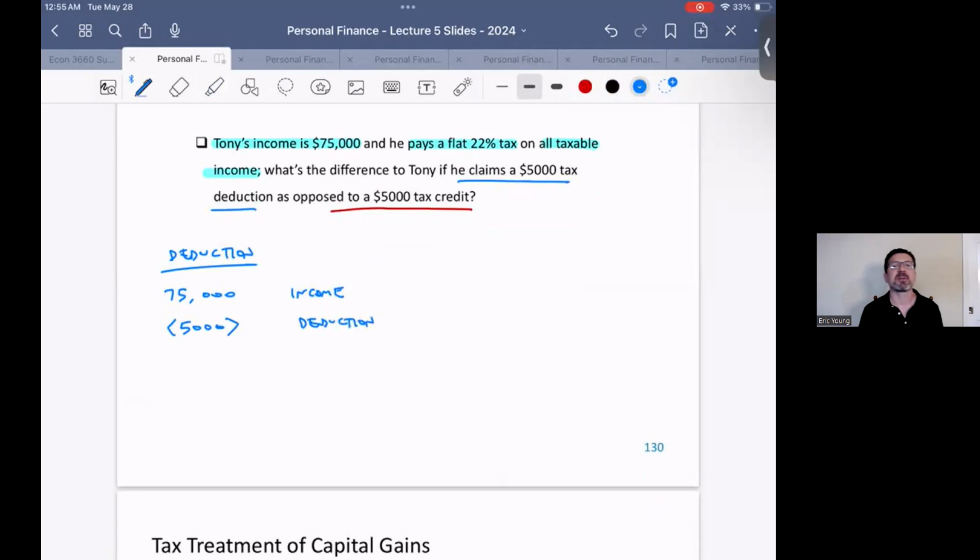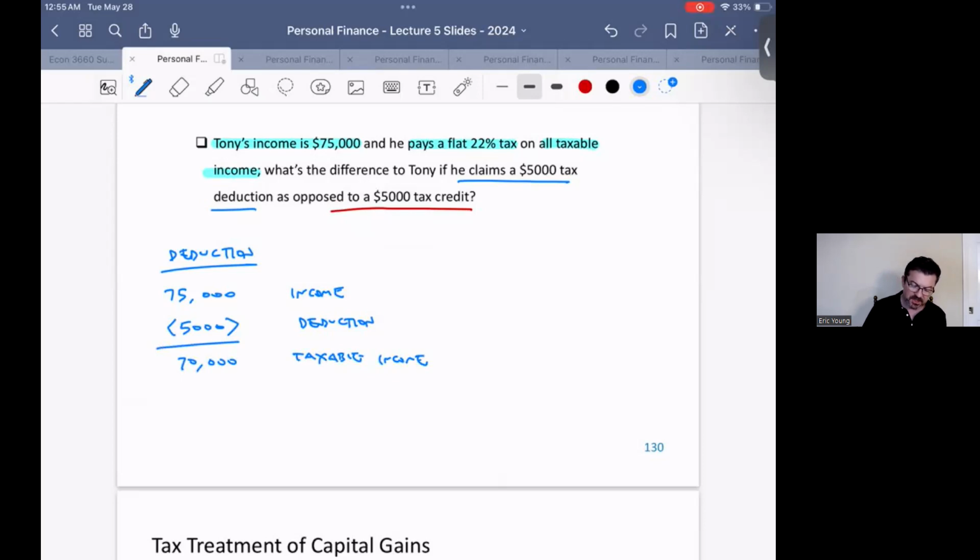Remember that in economics and accounting and finance, brackets indicate a subtraction. Those deductions then take him down to a $70,000 taxable income. And remember, it's taxable income that is the basis for your tax bill.